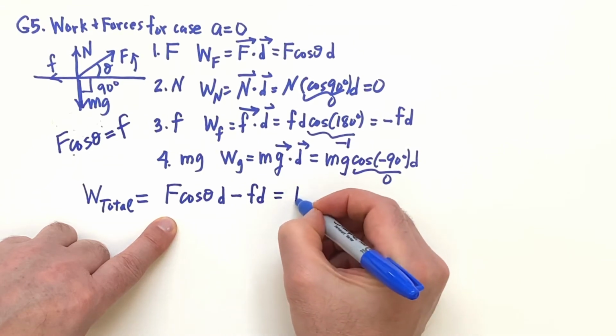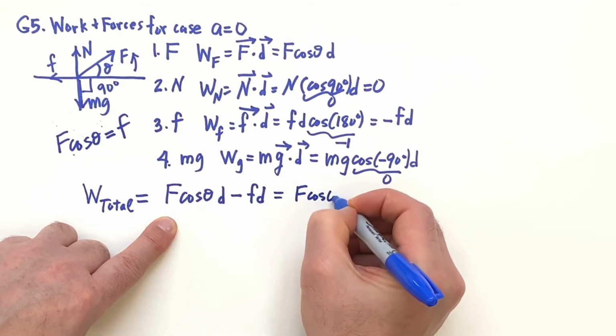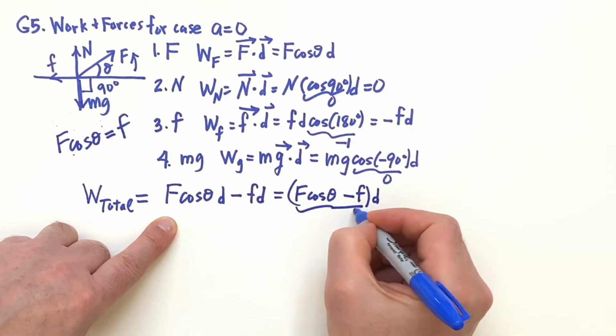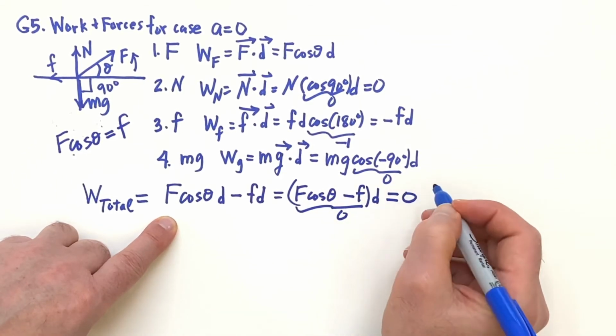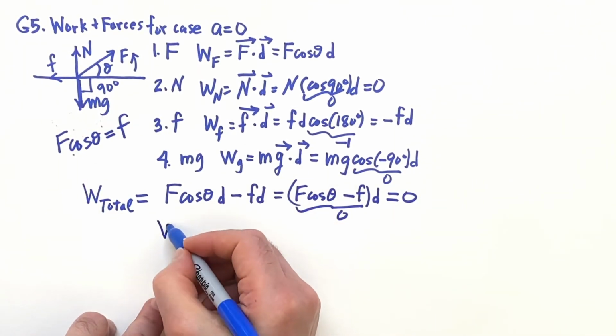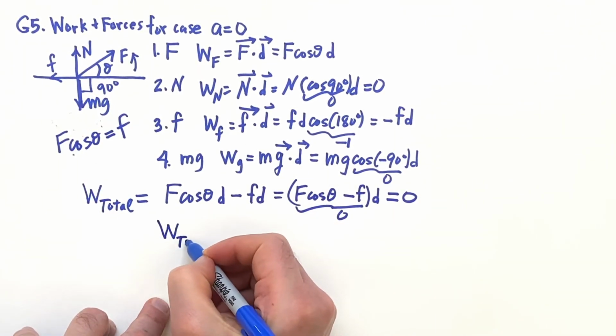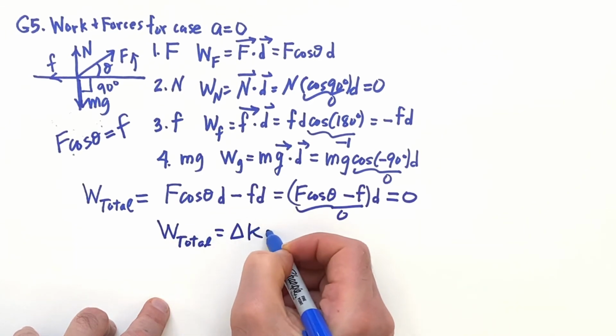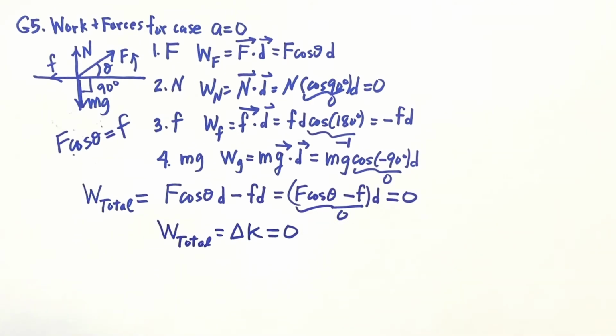So that means F cosine theta minus little f times d is going to be 0. And the net work done is going to be 0, which now makes sense because the change in kinetic energy is 0. It's constant velocity. If you add them all up, you get 0.